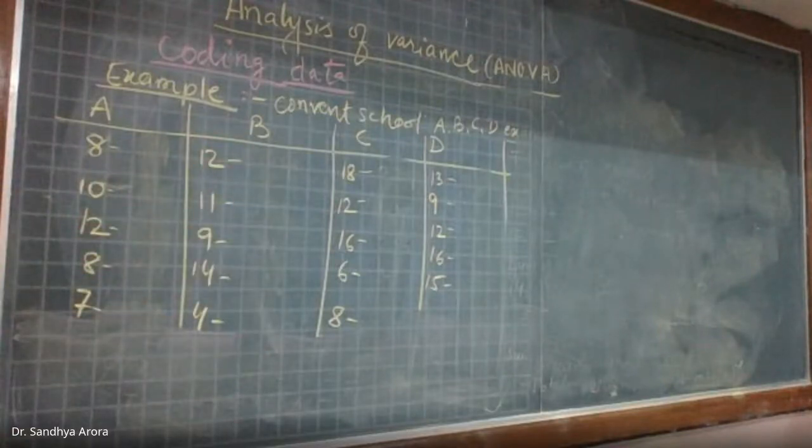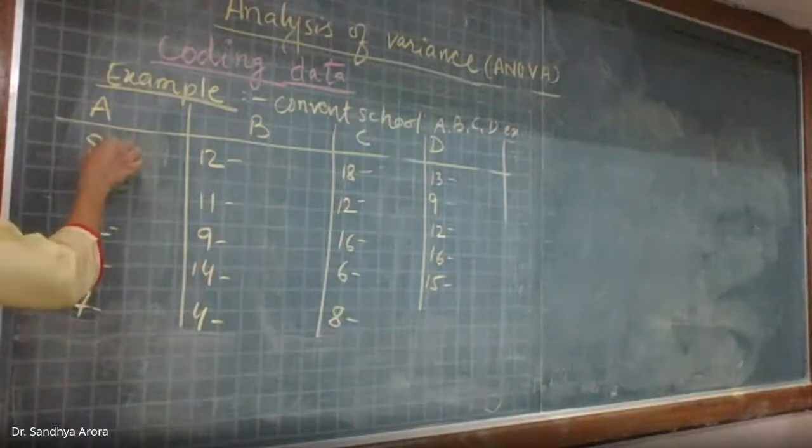Like you remember, when we were calculating mean, median, mode and standard deviation, we coded the data. Coding of data means you can add, subtract or divide something, or multiply the data with something. The same thing you can do for analysis of variance also.